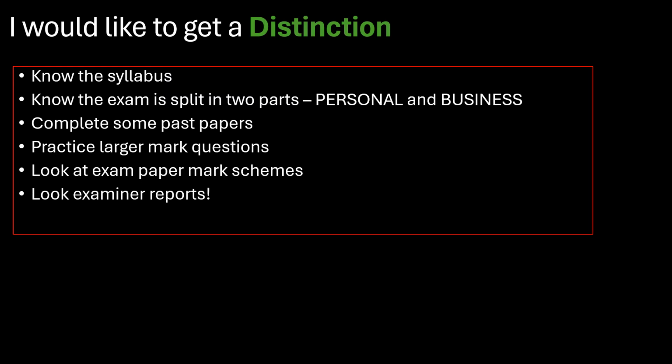Look at examiner reports if you've got time for that, though I suspect you possibly won't. They're not the most riveting of reads, but examiner reports are helpful in understanding what the examiner's looking for. And then also make sure that you're attending all your lessons and listening to your teacher.